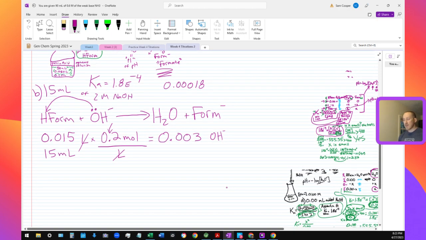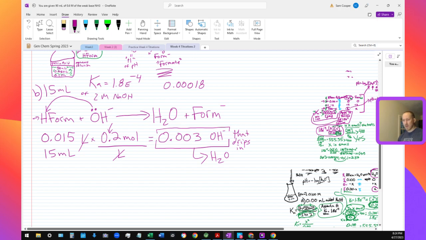And OH minus hydroxide is so basic and so good at taking protons, and formic acid is pretty good at giving away protons, that we're going to essentially assume that all of the OH minus is going to take a proton from the formic acid, from the HForm, meaning that all of that OH minus that drips in becomes H2O and consumes the HForm.